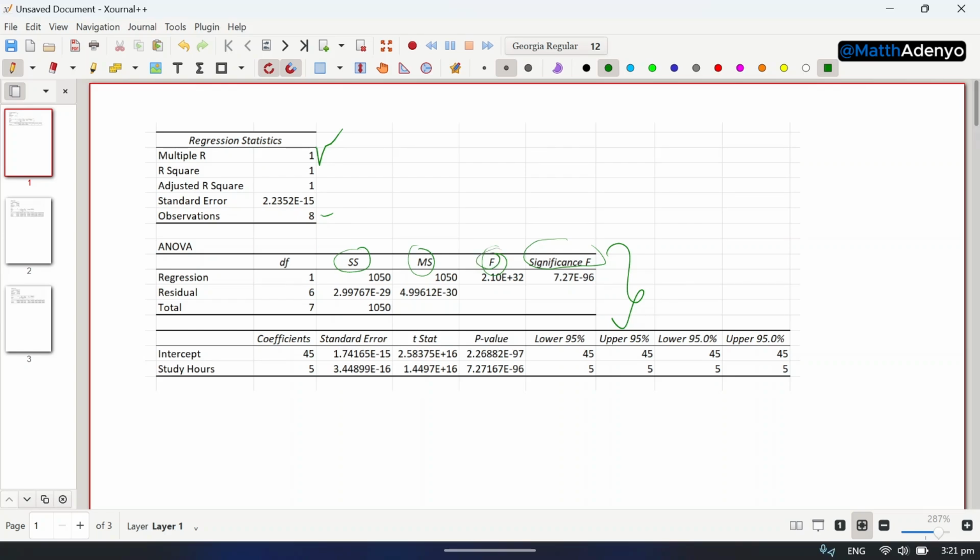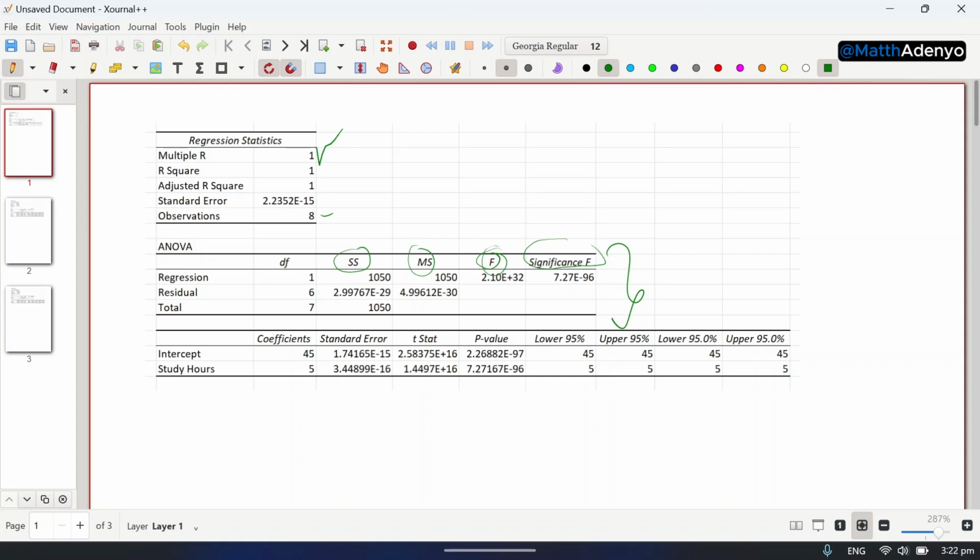It's evaluating whether the independent variable explains a significant portion of the variance in the dependent variable. So our independent variable, how well did it explain the variance in the dependent variable? Which portion did it explain? So that is what it's also telling us.